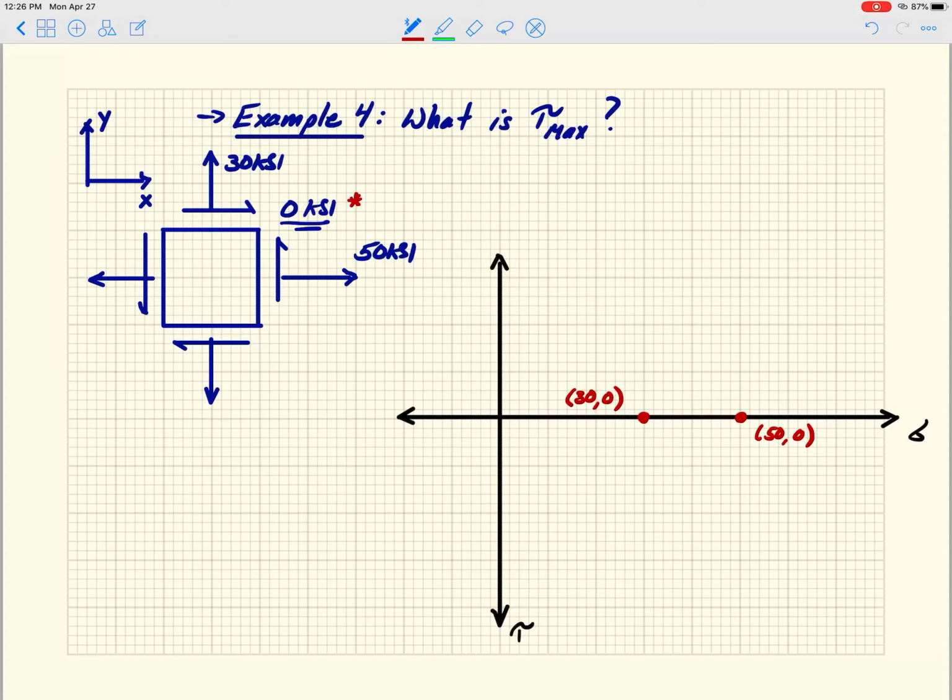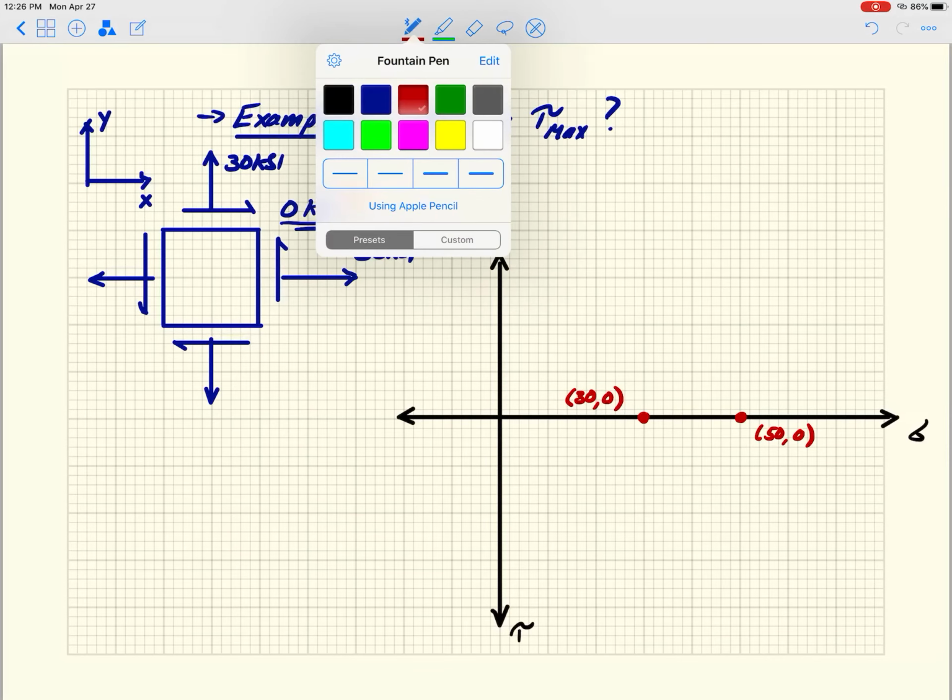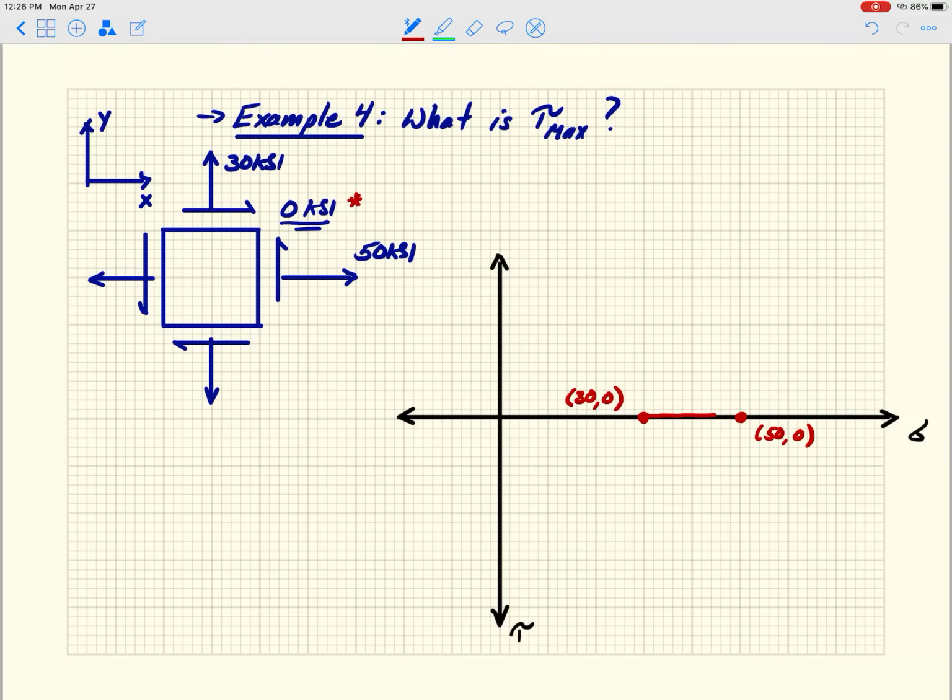And again, you see, just because I have no shear stress, they have to fall on the sigma axis, which means that it is in fact a principal state of stress, right? So I can, let me keep the red here. So this guy here, I'm going to highlight it in red, that is the principal state of stress, right? And I can draw this circle, something like that, right? And the center of the circle here, right, is at 40, 0, like that.